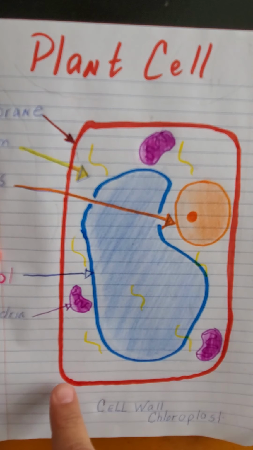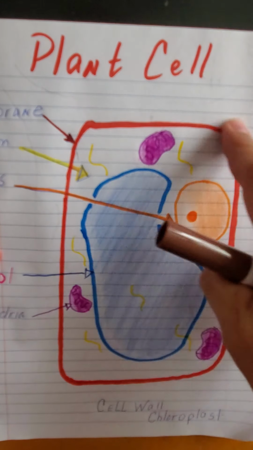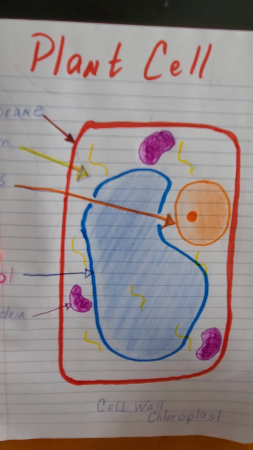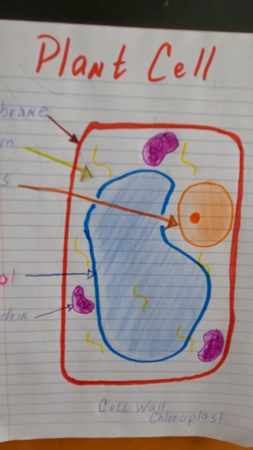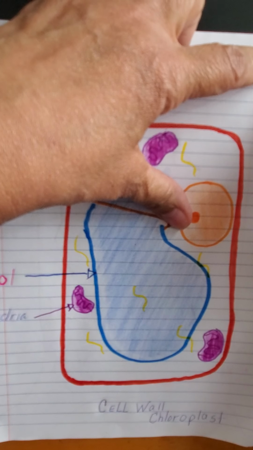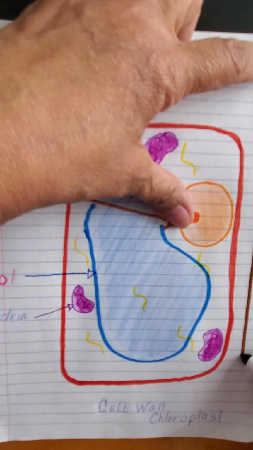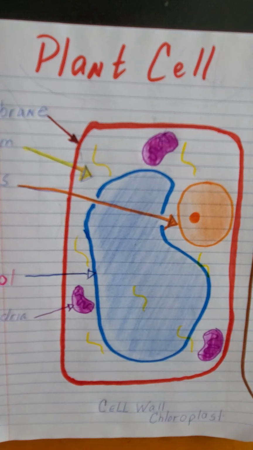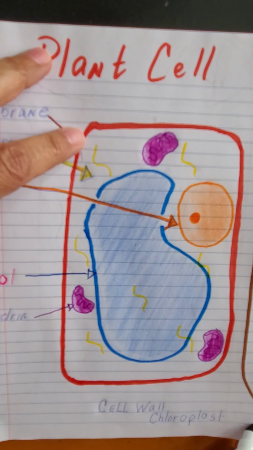So all plant cells have a cell membrane, as we covered earlier. But plants also have this hard protective coating called a cell wall as well. So think about it.